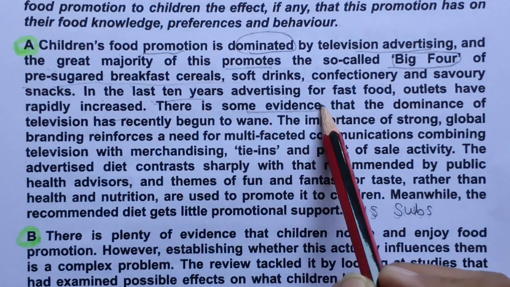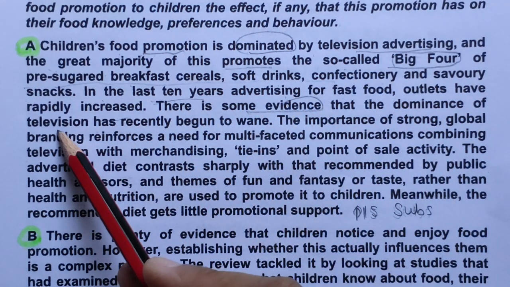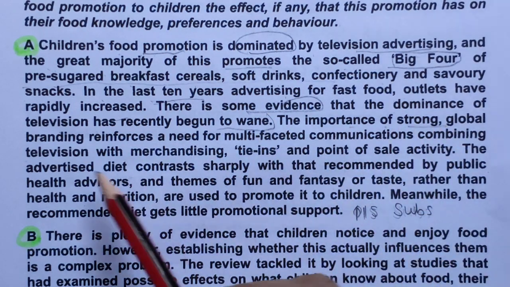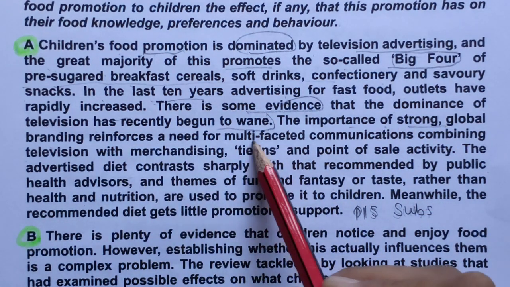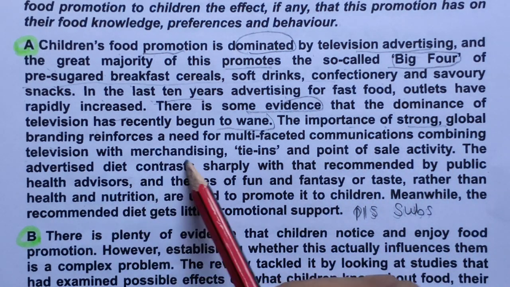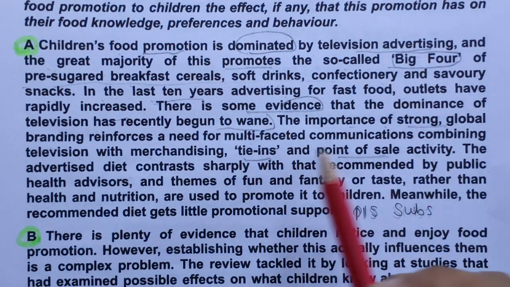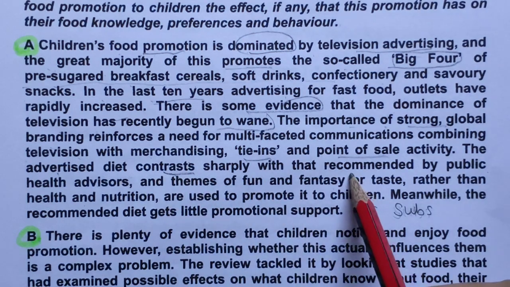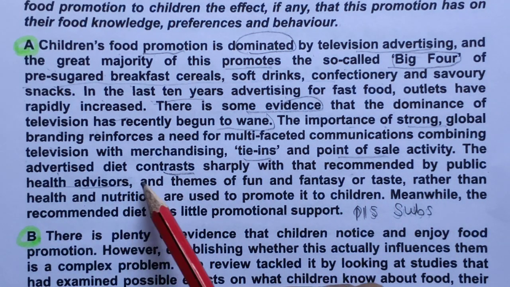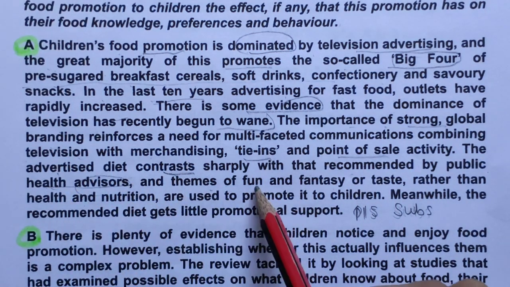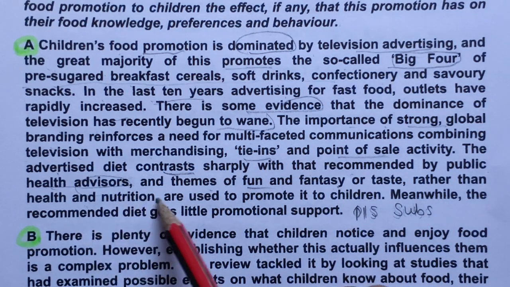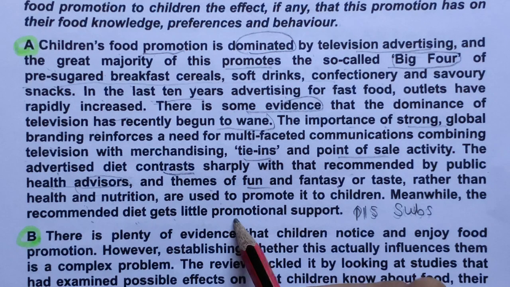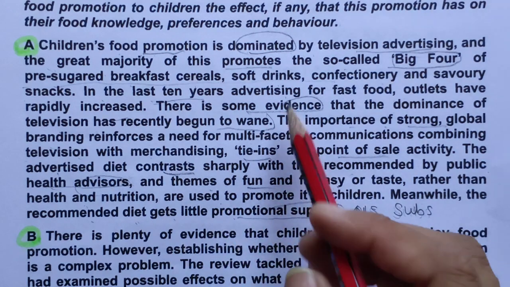There is some evidence that the dominance of television has recently begun to wane. The importance of strong global brands, so many things they are talking about. Point of sale, the advertised diet contrasts sharply with that recommended by public health advisors. Themes of fun and fantasy. Meanwhile, the recommended diet gets little promotional support.